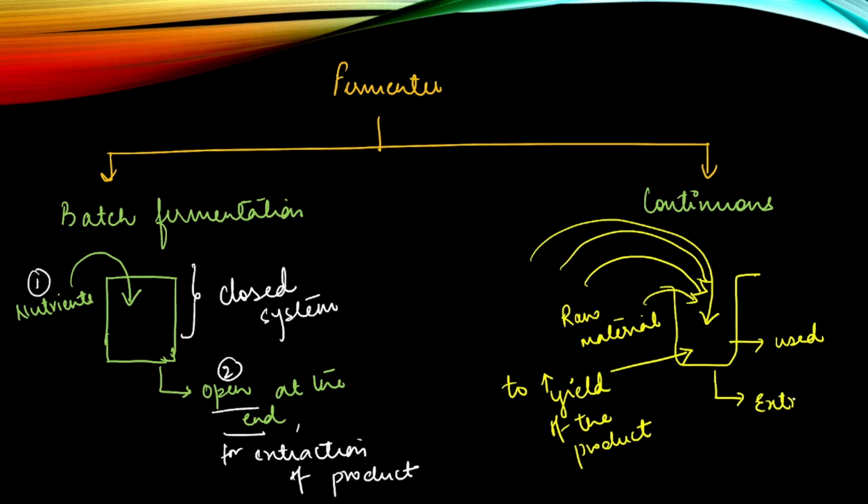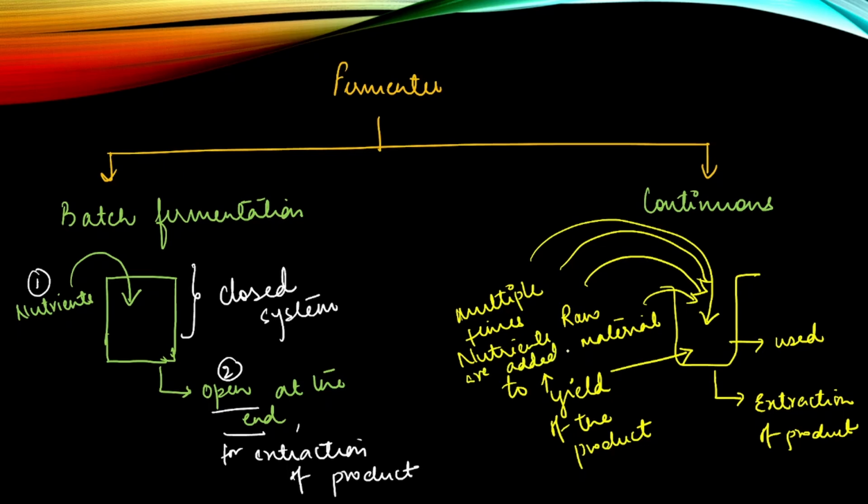That is what we call downstream processing, extraction of the product, right? So here you can see multiple times we have added media, multiple times nutrients are added to increase the yield of the product.